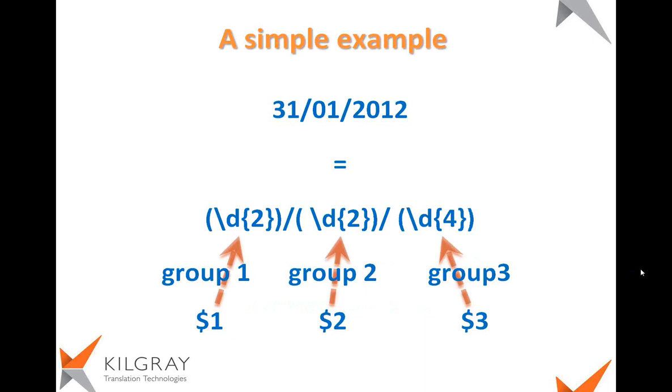What you see here is a slightly different way of writing this expression. You can see that I used parentheses around the backslash D and then the quantity. So we have backslash D and two copies of the digit. Then I close that between parentheses, and that forms a group.